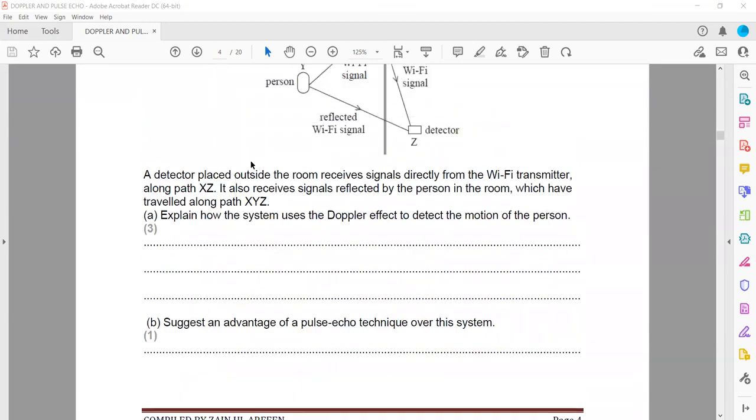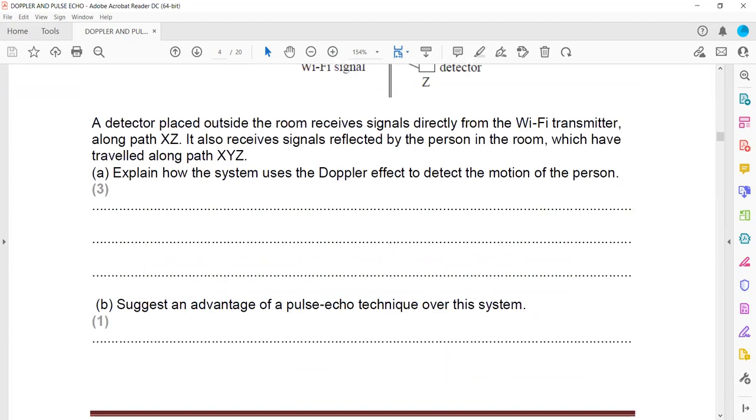State an advantage of the pulse echo technique over this system. What is the advantage of using a pulse rather than a continuous wave? Pulse echo can be used to identify or calculate the distance between the source and the object.